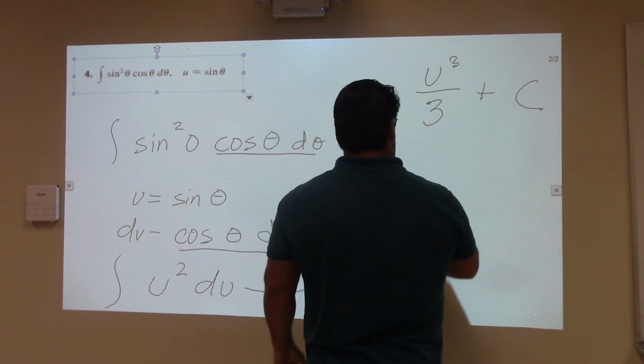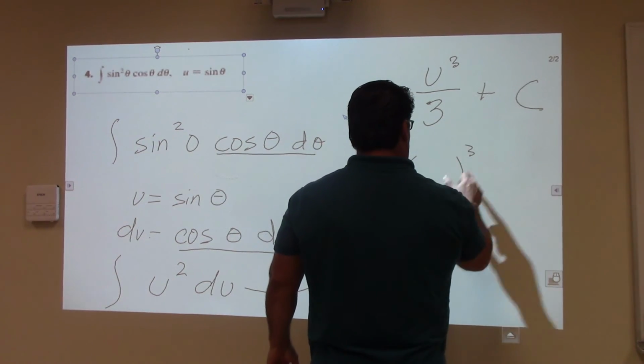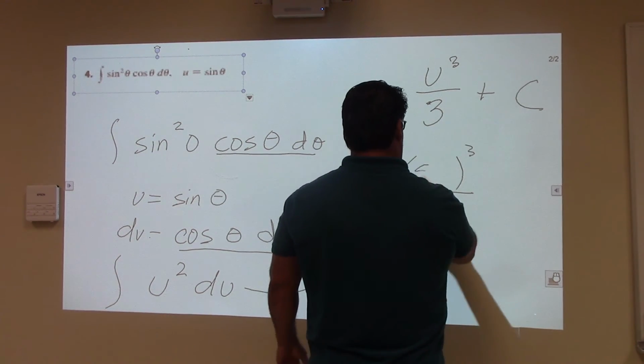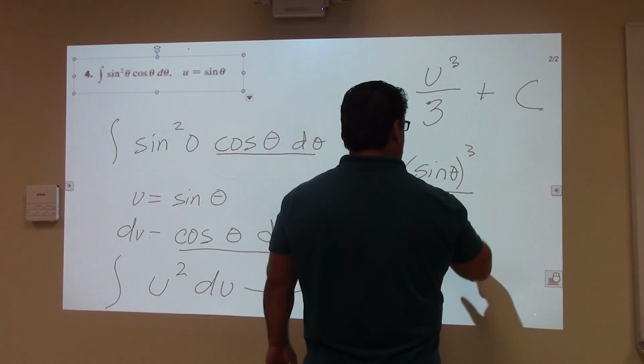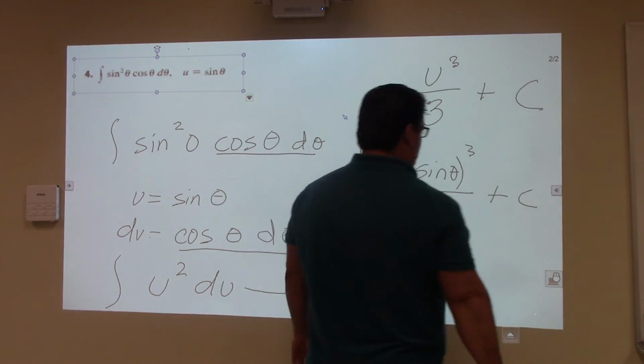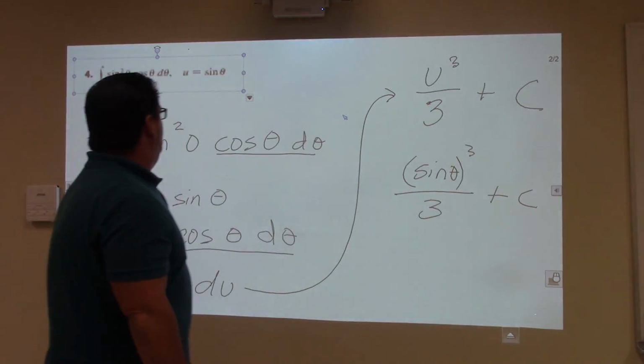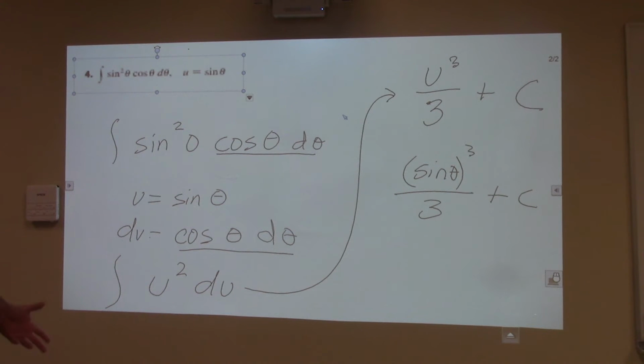All right, and what is u? Sine. I have a question. Why wouldn't they choose sine squared as being the hardest thing? Well, one thing is when you have just a variable with an exponent, you kind of want to leave it alone.